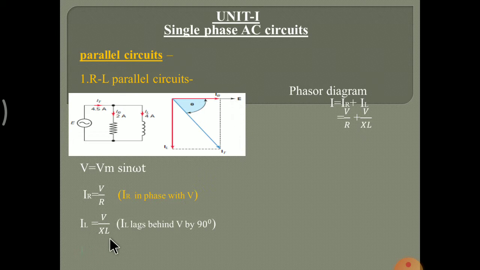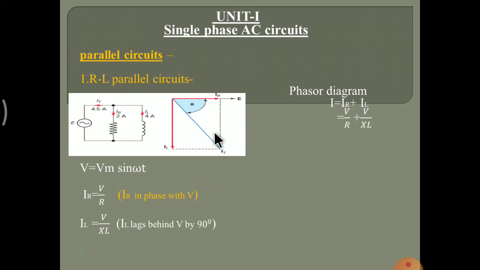Then IL is equal to V upon XL, and XL is the inductive reactance across the inductor, which is the opposition to the flow of current through the inductor. The supply voltage across the inductor is V, and IL is equal to V upon XL. IL lags behind V by 90 degrees.